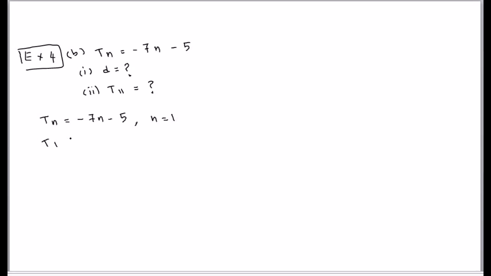So T1 equals negative 7 times 1 minus 5. Negative 7 minus 5 is negative 12. So this is the first term, T1, or we can also write it down as A. Okay, and then we can find T2 by using the same formula.